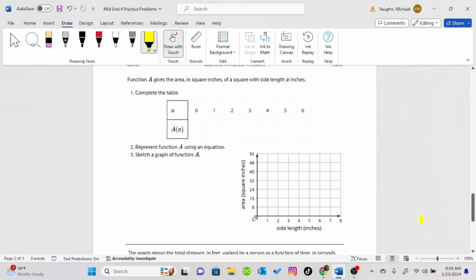Function A gives the area in square inches of a square with side length x inches. So function A gives the area in square inches.